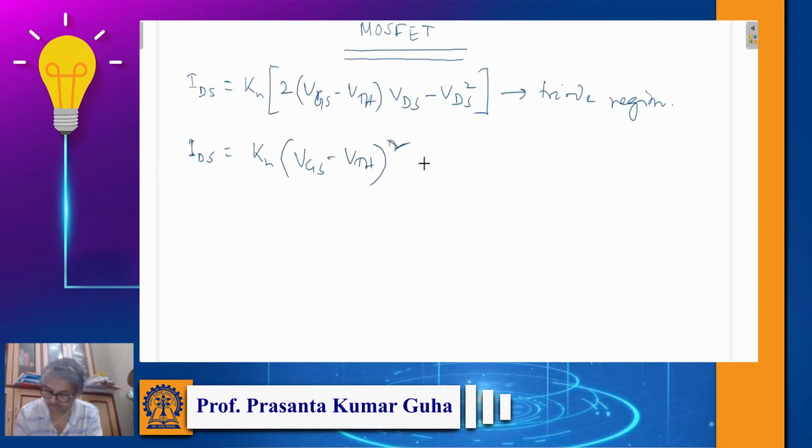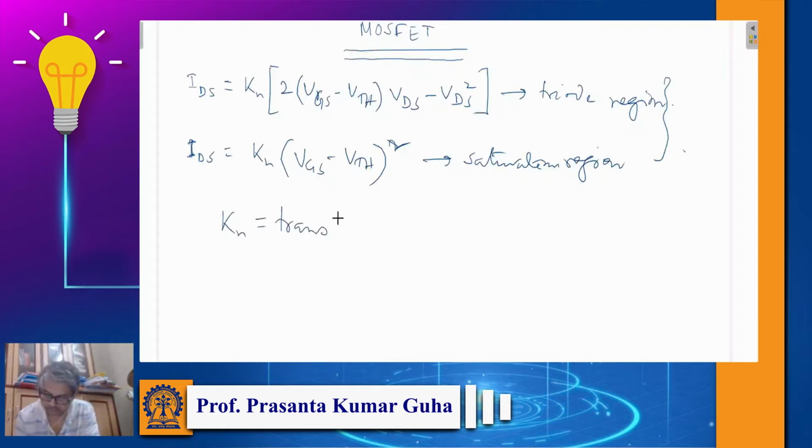This was in saturation region, right? So this was the current voltage equation we discussed in the last class, where Kn is known as transconductance parameter.